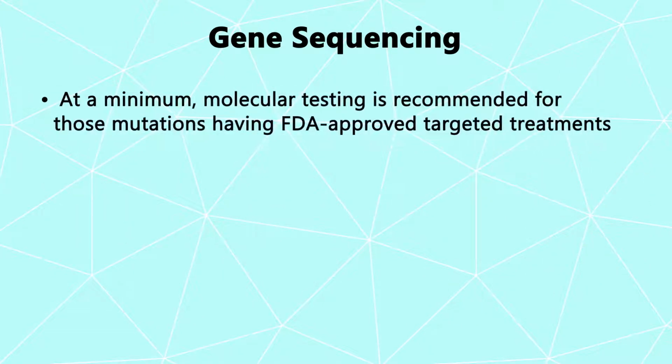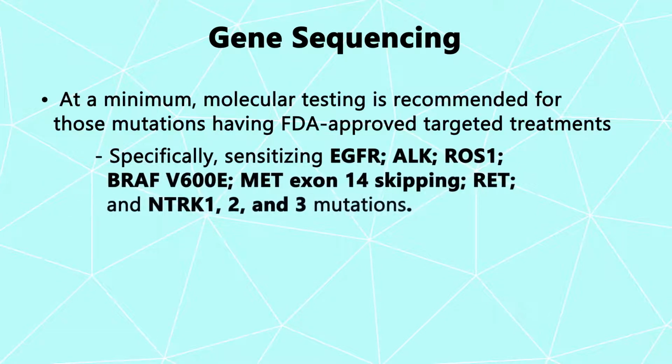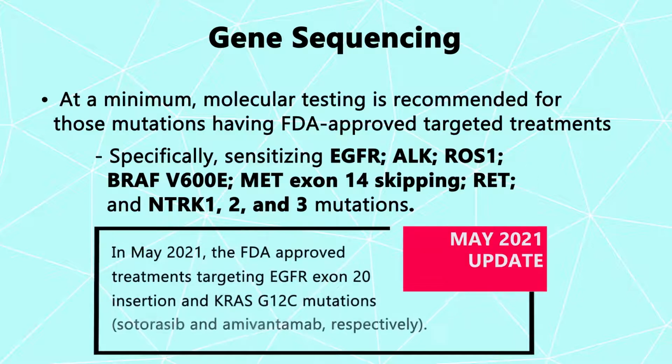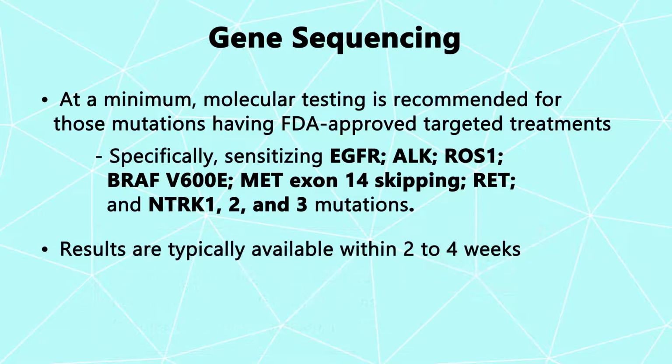At a minimum, molecular testing is recommended for those mutations having FDA-approved targeted treatments, specifically sensitizing EGFR, ALK, ROS1, BRAF V600E, MET exon 14 skipping, RET, and NTRK 1, 2, and 3 mutations. Results are typically available within 2 to 4 weeks.